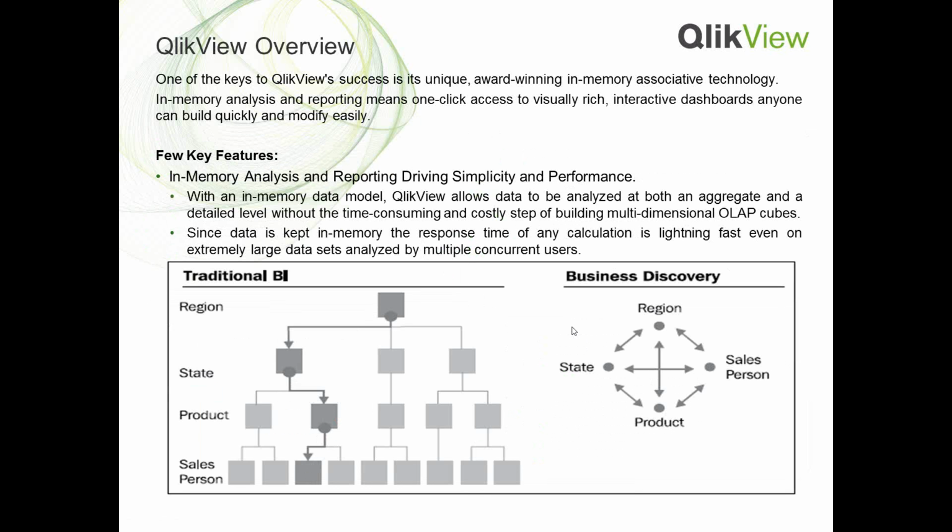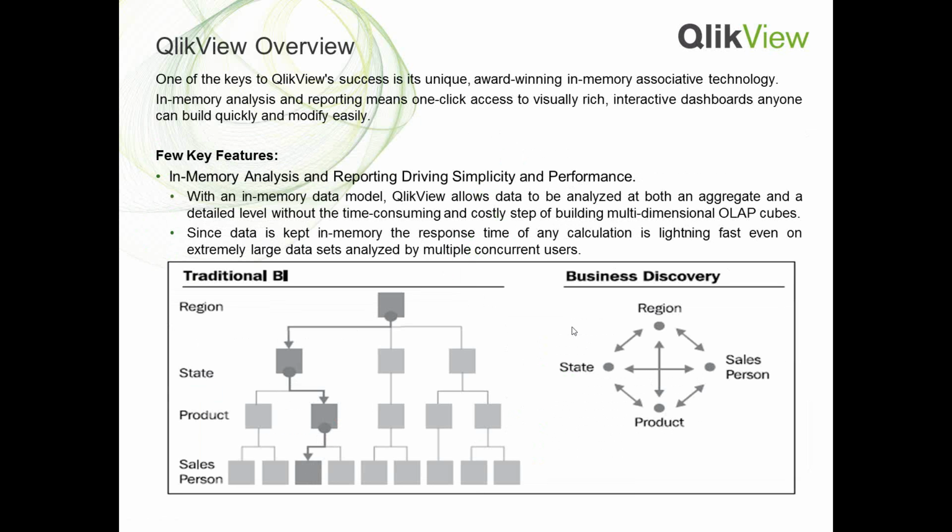As I told, it makes an associative model and it stores the data in the RAM. So how does it store the data in the RAM? That is also an important concept here. It basically forms an associative database in the RAM and then stores the data in it.